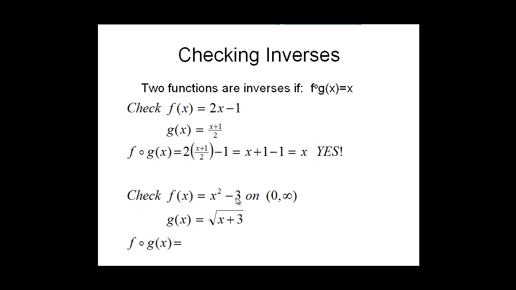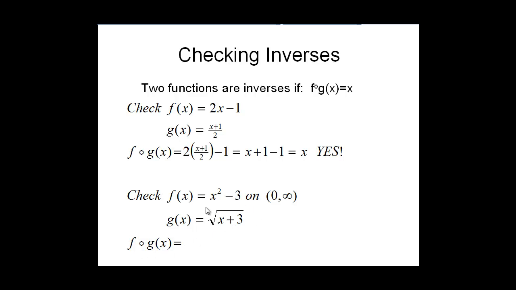Now suppose you have x squared minus 3, and the square root of x plus 3. Now we have to have a restriction because this is only defined for positive numbers. So in this case, I decided to restrict it to 0 to infinity, because 0 is positive in this case. So suppose we do our composition.